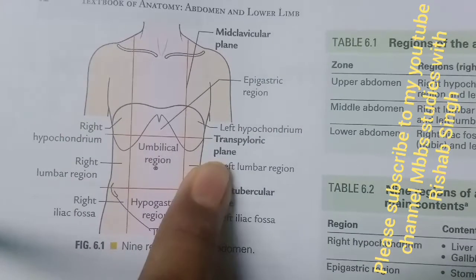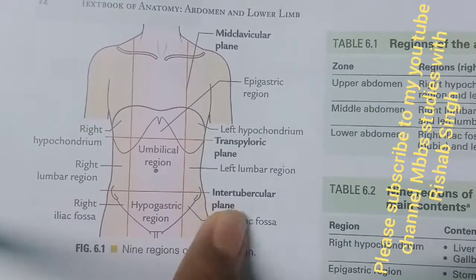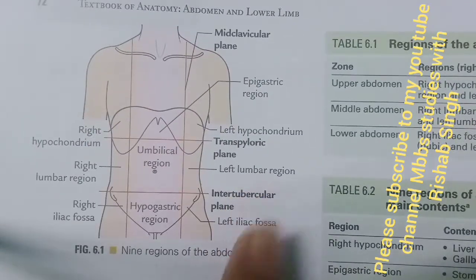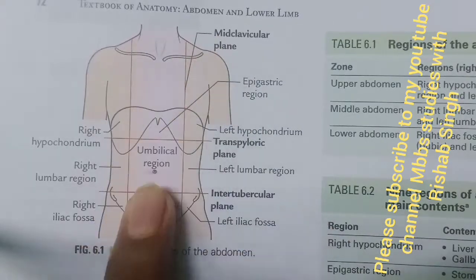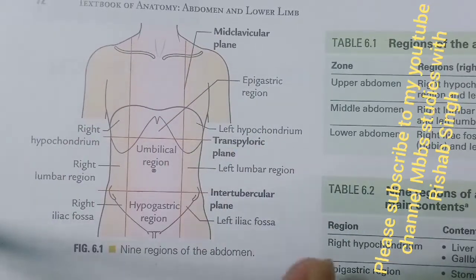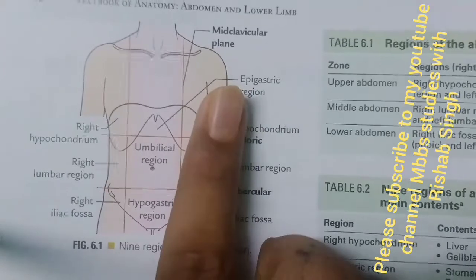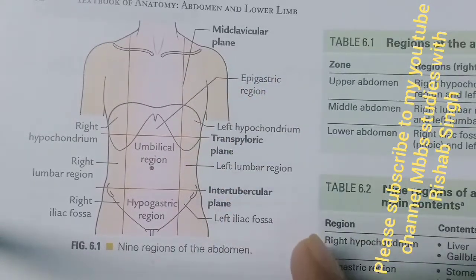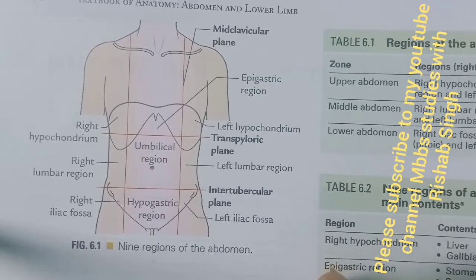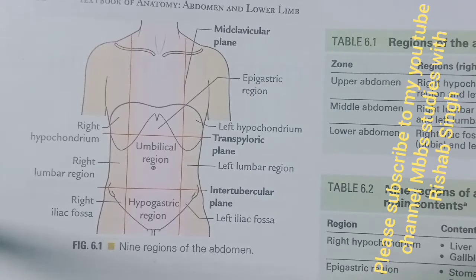The abdominal cavity is divided into 9 regions: 1, 2, 3, 4, 5, 6, 7, 8, 9. These are divided by 4 imaginary planes, 2 vertical and 2 horizontal, on the anterior abdominal wall, that is in front. It is divided by the superior horizontal plane, the inferior horizontal plane, and the right and left vertical planes, that is the mid clavicular planes.